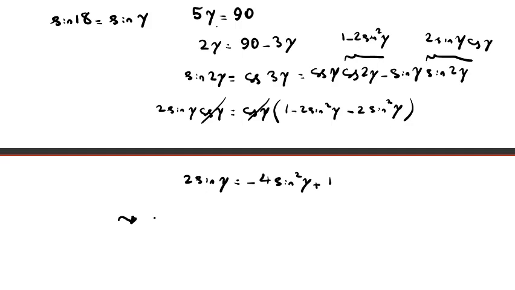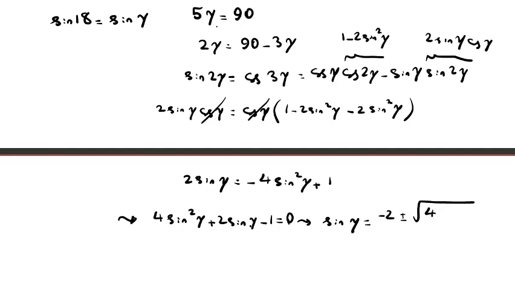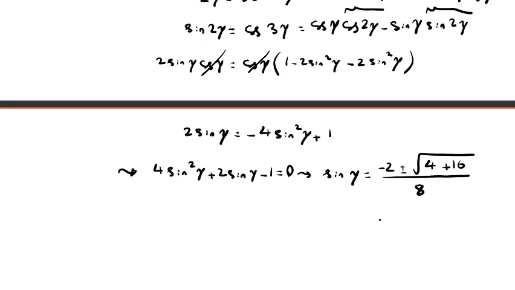Now, it is a quadratic equation. We can take all terms to the left hand side: 4 sine squared gamma plus 2 sine gamma minus 1 equals 0. So sine gamma is negative b plus or minus the square root of b squared minus 4ac, which will be plus 16, all over 8. And it will be negative 2 plus or minus root 20 over 8.